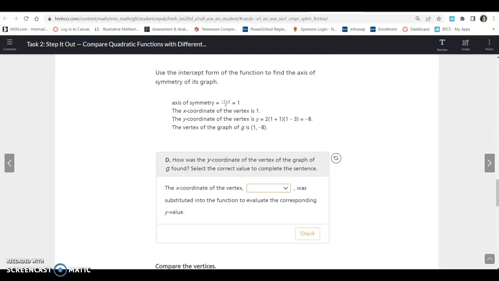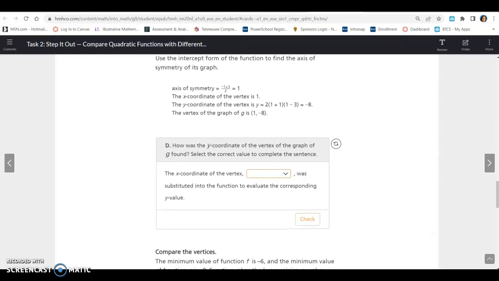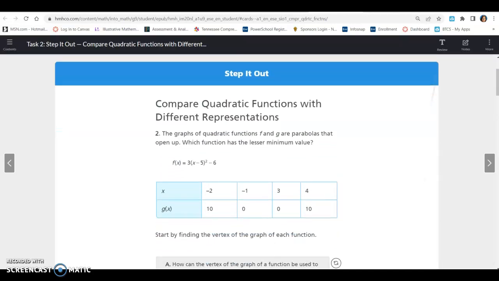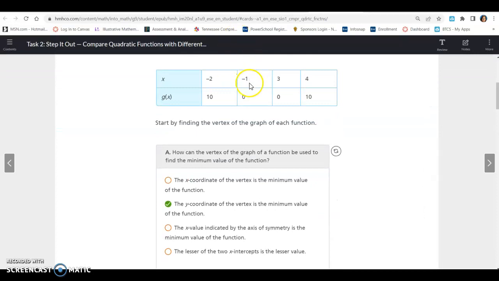All right, it says use the intercept form of the function to find the axis of symmetry of its graph. All right, the axis of symmetry is going to be the average of those x values. So -1 plus 3, again, that comes from the two x values from the zeros here. So the -1 and 3, we know these are the zeros because the y values are zeros.